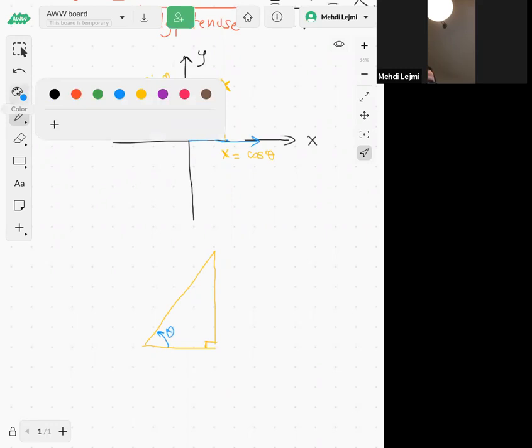The length of the hypotenuse is 1. This is 1 here. The opposite side, we said, will be sine of theta. And the adjacent side, that's the cosine of theta. So that's what we are saying. We have a right triangle. The hypotenuse is 1.